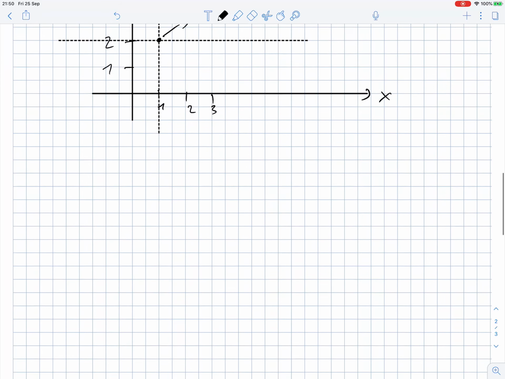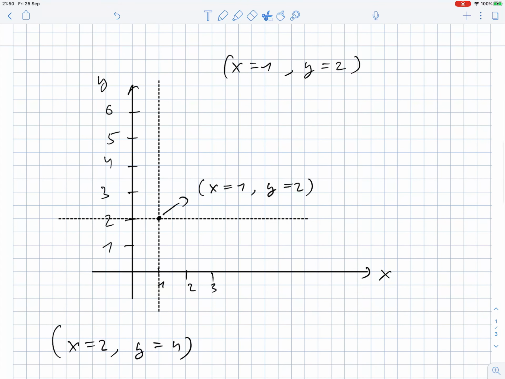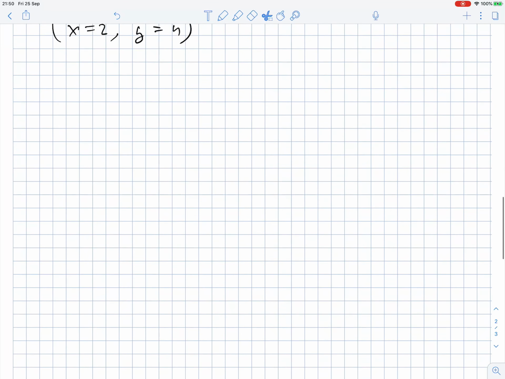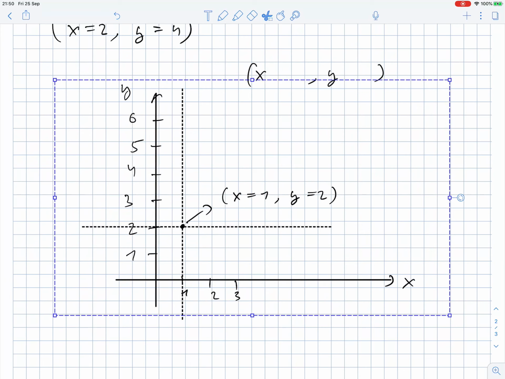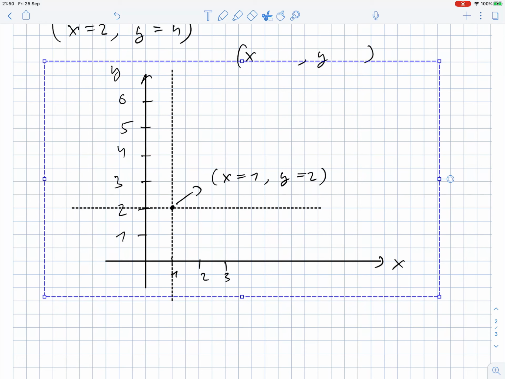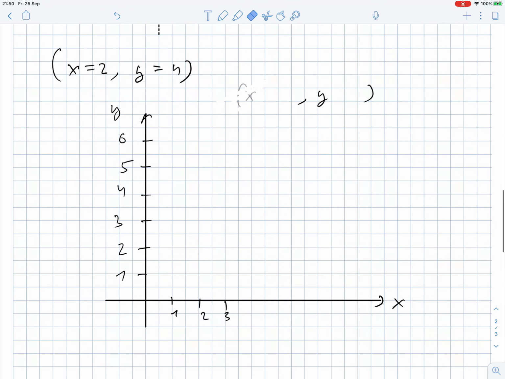Now the second point where x equals 2, y equals 4. Let me copy this picture. However, I'll need to erase those points because we will build a second point. Now let's change the color maybe.